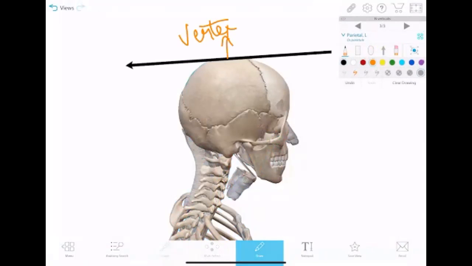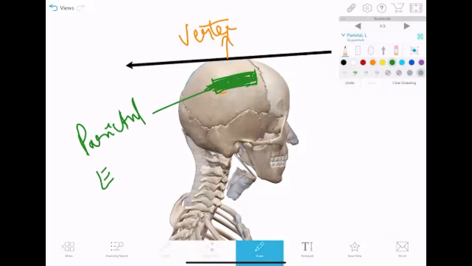And also here there will be the highest convexity of the parietal bone, called the parietal eminence or tuber, right?